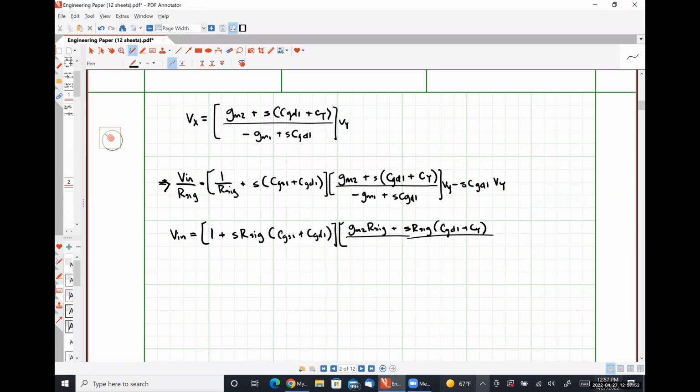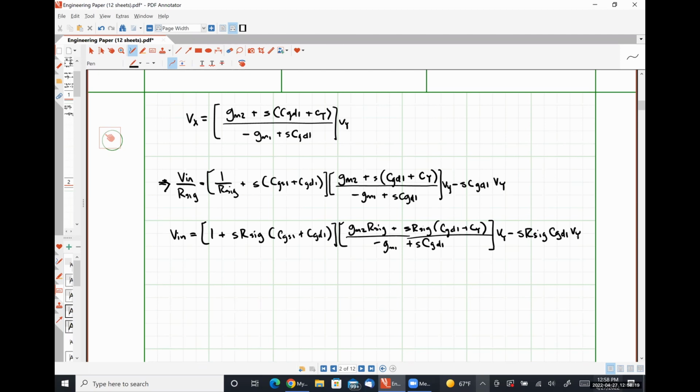My denominator is going to stay the same, negative GM1 plus S CGD1. Then I have a Vy, and then I'm going to have a minus S R sig CGD1 Vy.